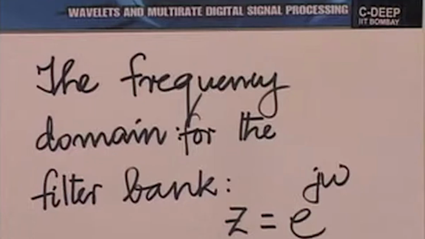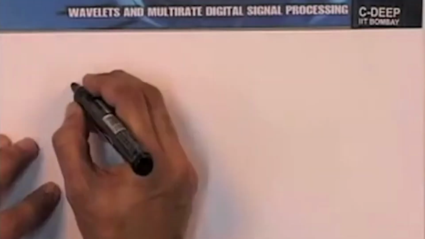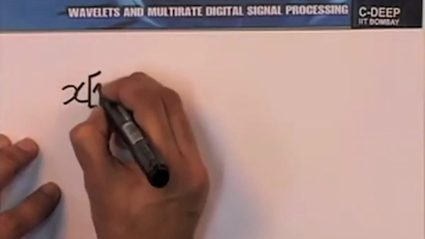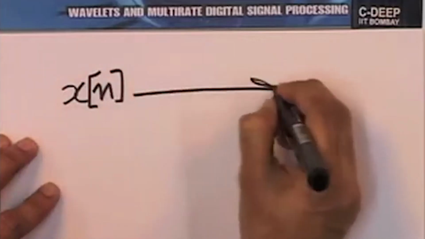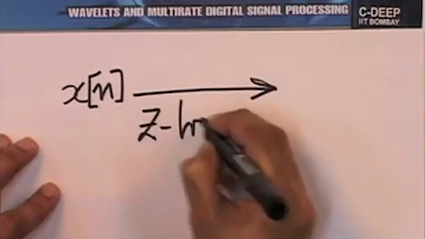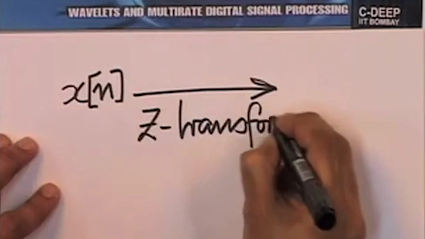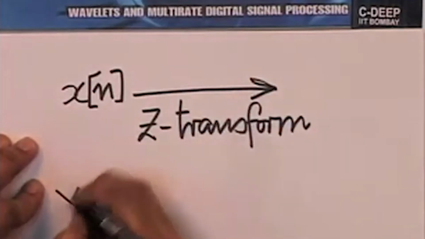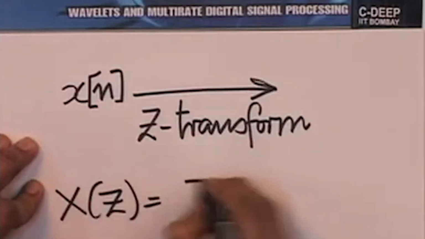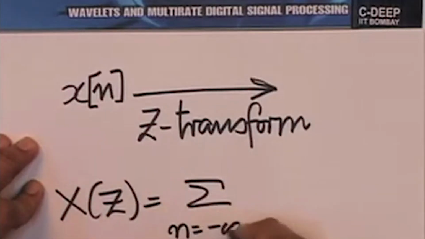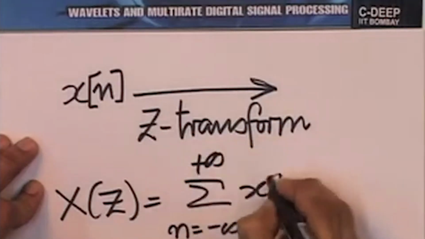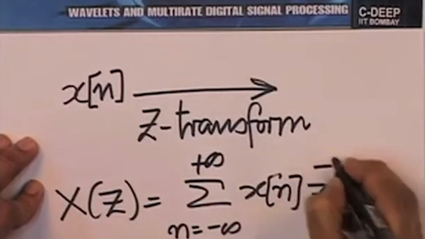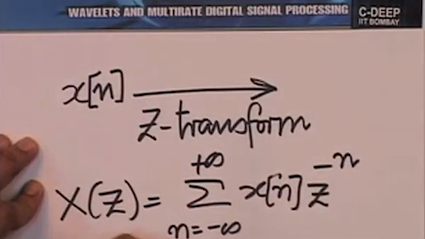You will recall that we had defined the Z transform last time. We had said that if you have a sequence x of n, its Z transform is capital X of Z defined by summation n running from minus to plus infinity x of n z raised to the power minus n with Z belonging to a region of convergence.